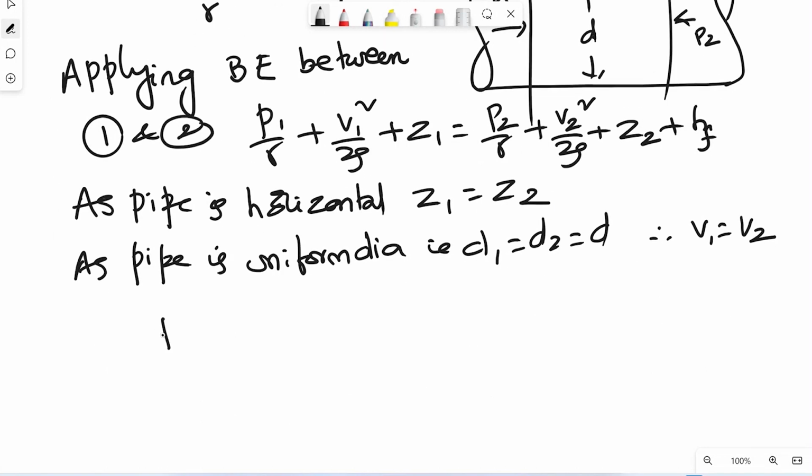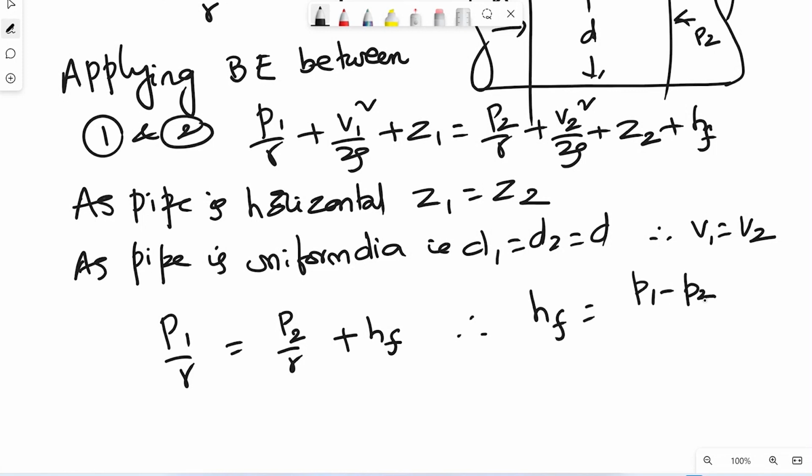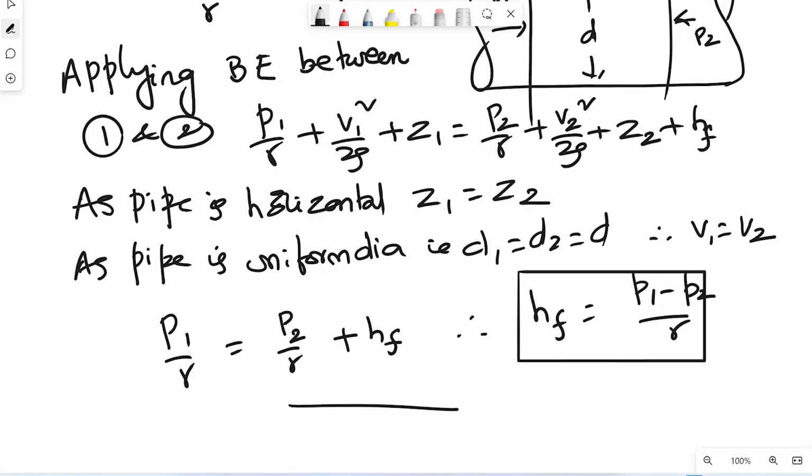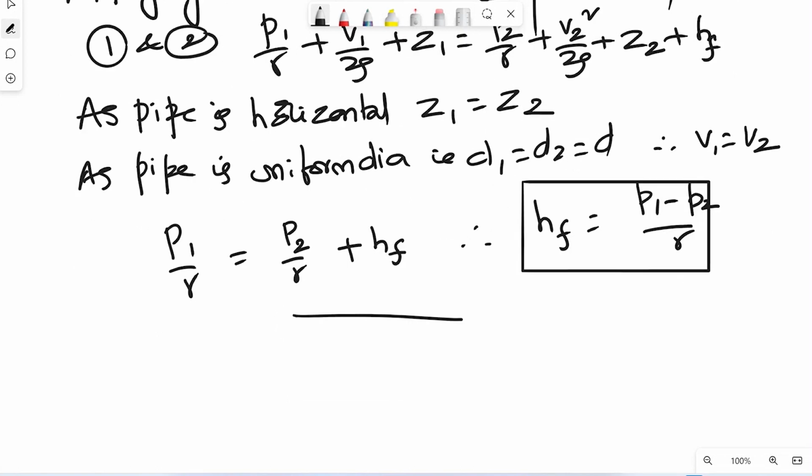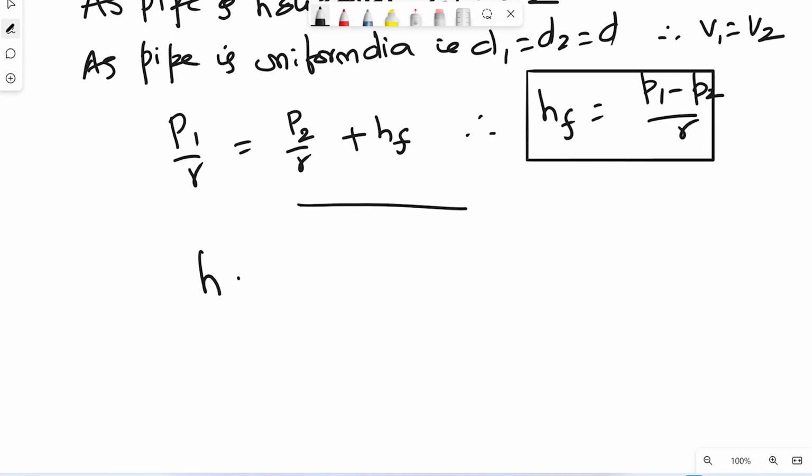Therefore, P1 by gamma is equal to P2 by gamma plus HF. Therefore, HF is equal to P1 minus P2 by gamma. So this is how I have written that. If you want, you can incorporate this also there itself. So finally the conclusion is that the head loss due to friction is FLV squared by 2GD.